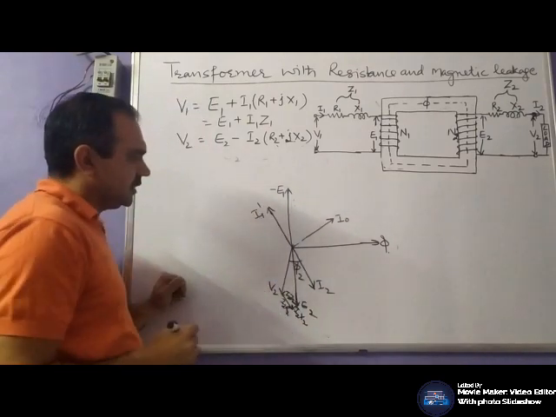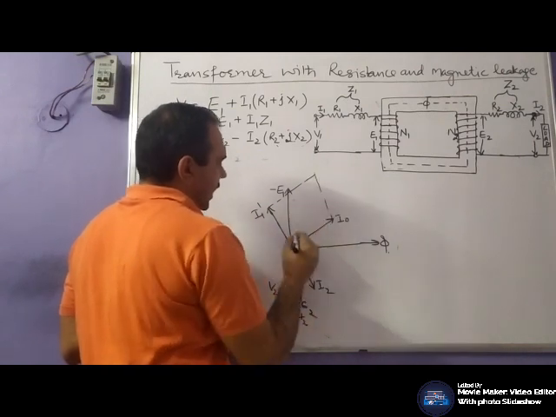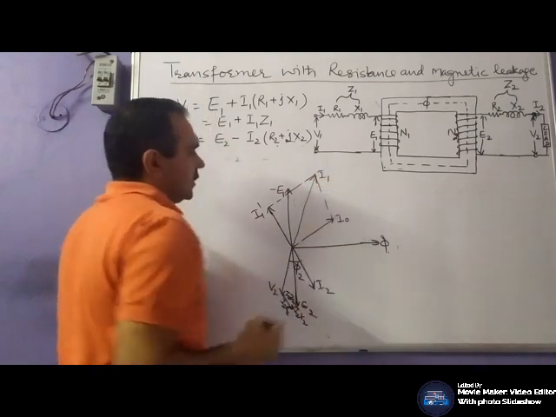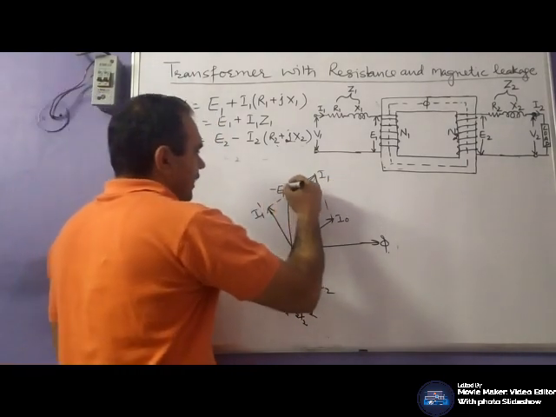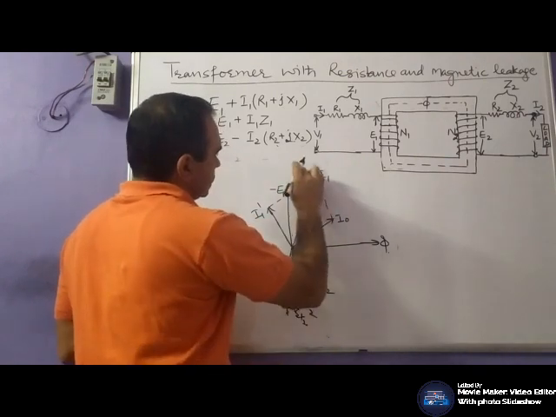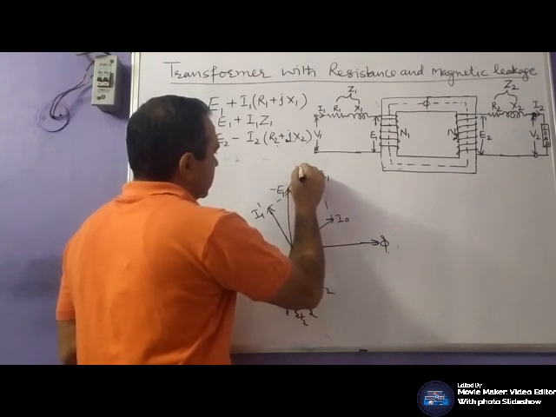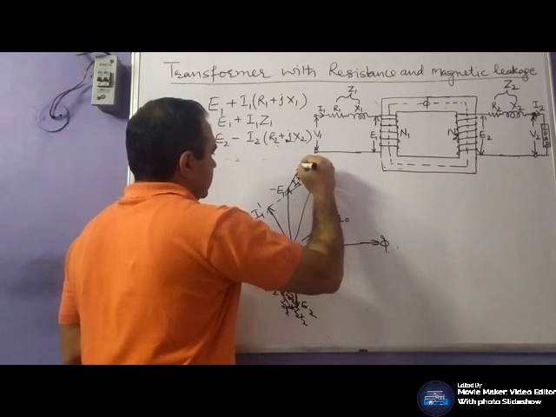This is I1 dash, and your primary current I1 is phasor sum of I0 and I1 dash, and your voltage drop across resistance is in phase with current I1, so this is represented I1 R1.